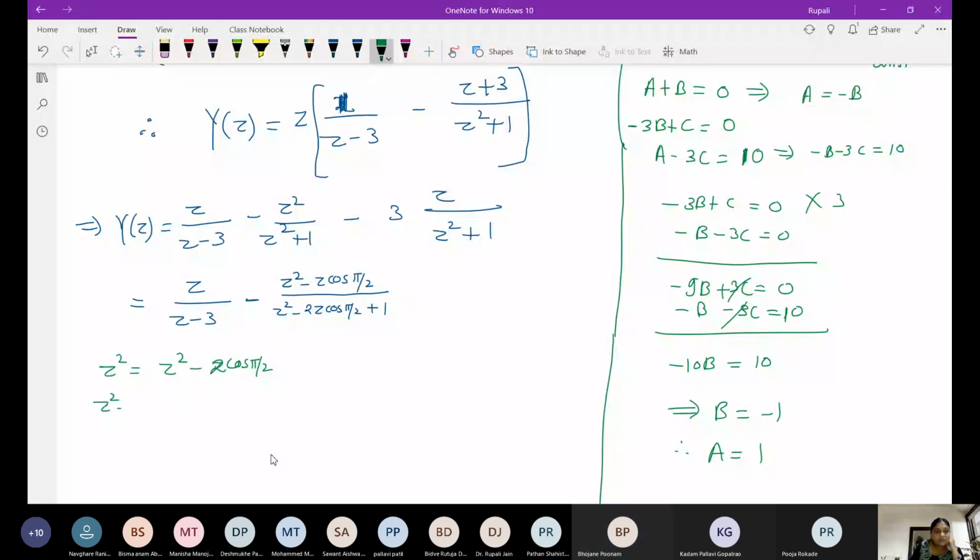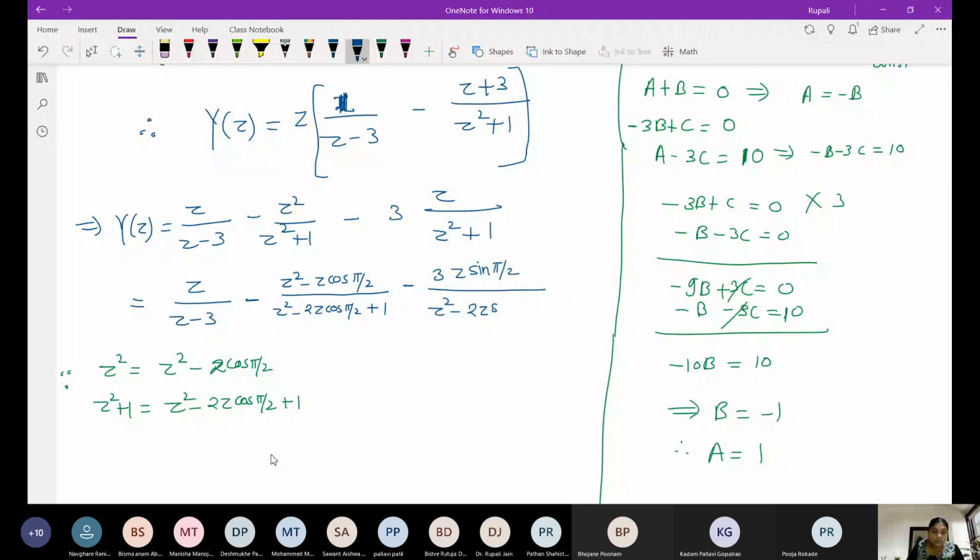And z square plus 1 also I can write as z square minus 2z cos pi by 2 plus 1. And this minus 3z, again for this I want to write 3z sine pi by 2 divided by z square minus 2z cos pi by 2 plus 1.